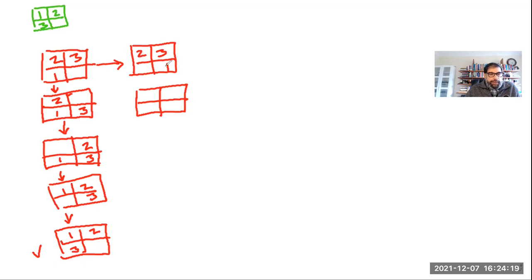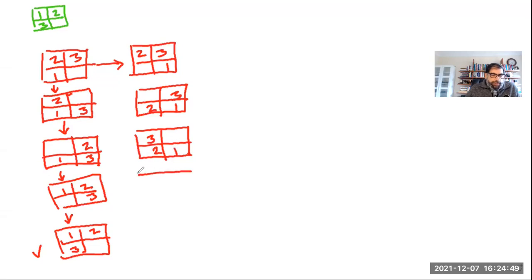Because if I push 1 to the left, I'll go back to the original state. So the next state I have as an option is like this, right? I'm pushing 1 down over here. And after that, again, I have 2 choices. Either I can push 2 back to its original position, or I can bring 3 over here to get to the new state.